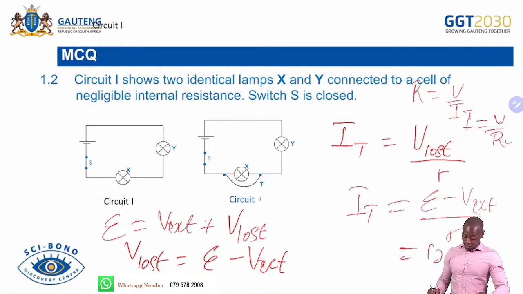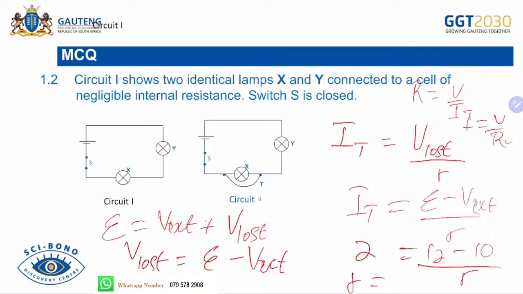So your E is 12, and then this one is 10. This is over R, and then here we are having 2. So if you are solving for R here, it will be 12 minus 10, then that will be 2. Then R multiplied by 2, cross multiplication, it should be 2R, then divide by 2, divide by 2. Your R will be 1 ohm. So this is what you were supposed to do for that question. All right.